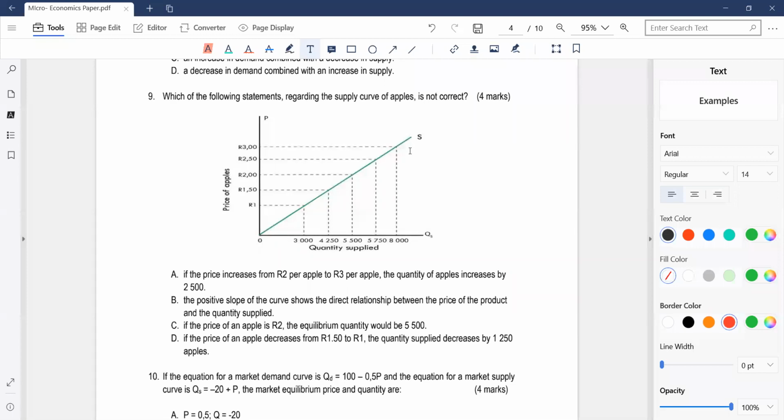Are you happy with my pace, the speed at which I'm doing these questions, and the depth at which I'm explaining? Someone is saying, please repeat. It's Tyler. All right. Tyler is saying I should repeat. Mbali is saying it's a good pace.